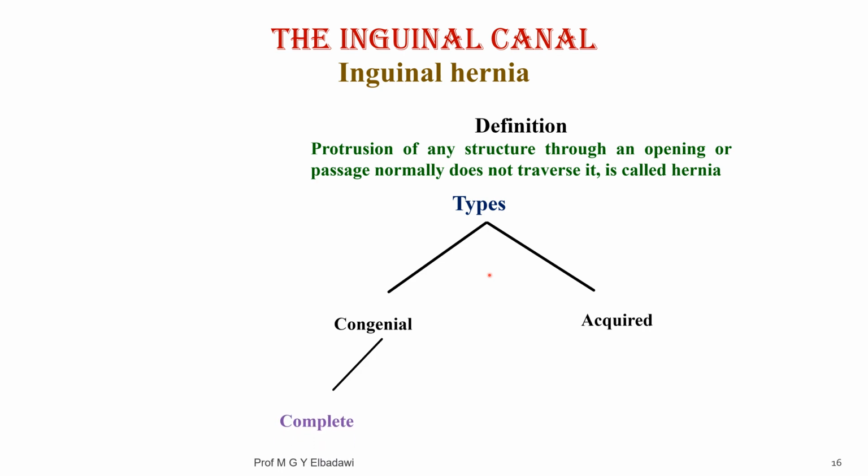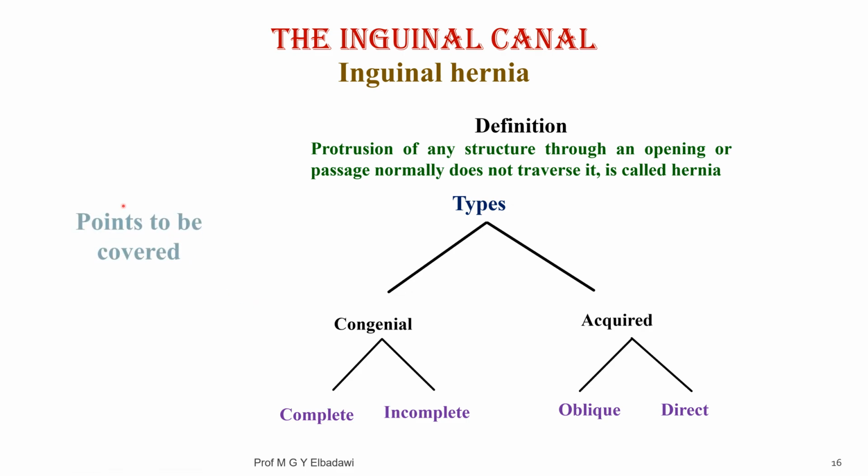Congenital is usually divided into complete and incomplete types, while the acquired are divided into indirect acquired hernia and direct hernia. This is the general classification of those hernias.